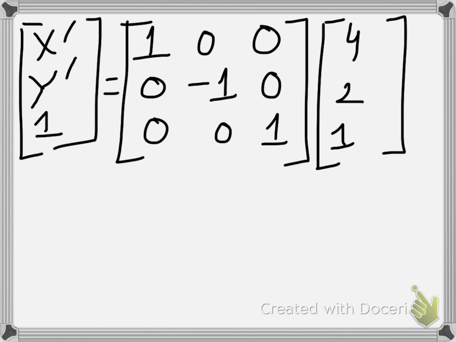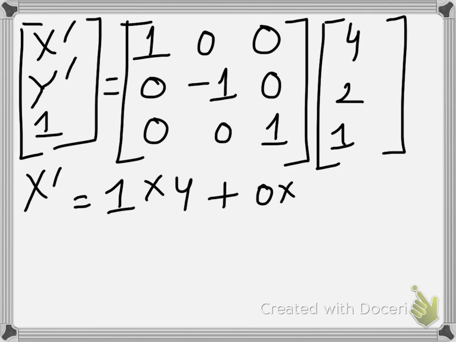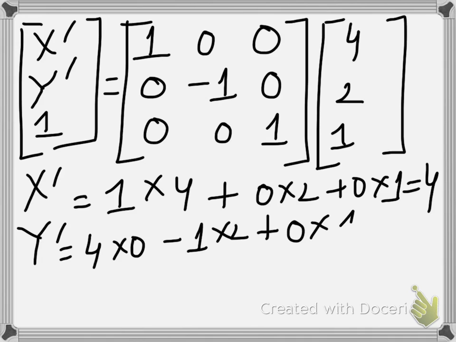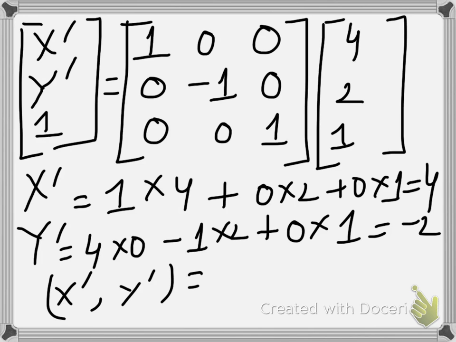So x dash becomes 1 multiplied with 4 plus 0 multiplied with 2 plus 0 multiplied with 1 equals to 4. Y dash is 0 multiplied with 4 minus 1 multiplied with 2 plus 0 multiplied with 1 equals to minus 2. So x dash y dash equals to 4 minus 2.